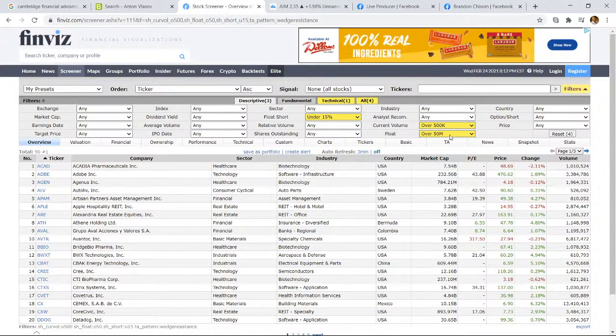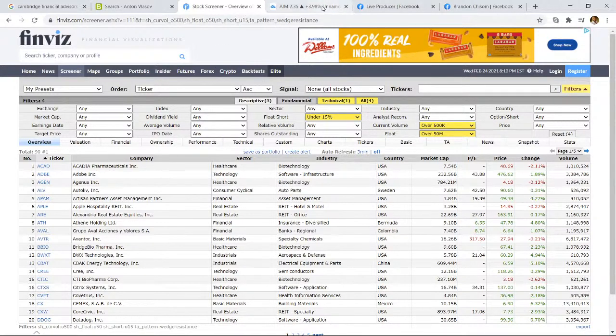The float, you want at least 50 million shares or less. The reason you want 50 million shares or less is because it creates a scarcity scenario.